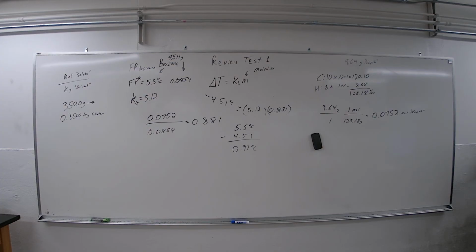Benzene and naphthalene, 9.64, 128.18, moles. I got 26.7. 9.64 divided by 128.18. I got 8.64 there.